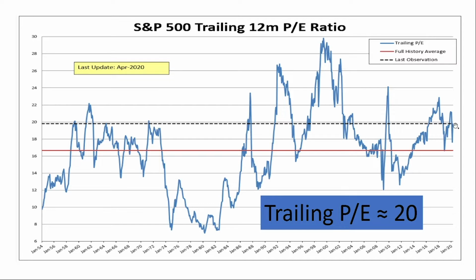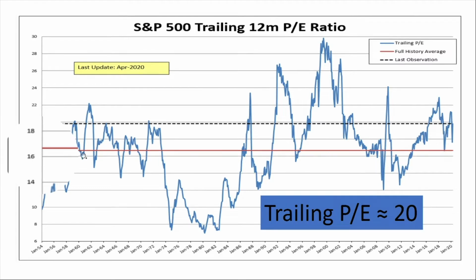I use that in a number of my charts to let me know what the last observation was. And you can see here we're just shy of 20 right now for the S&P 500. Now, is that expensive? Well, you can see we've had some periods of time where we traded above that, but not many.